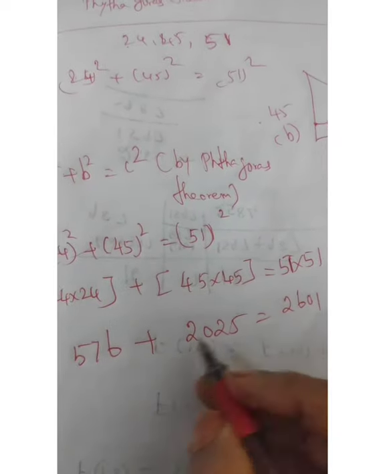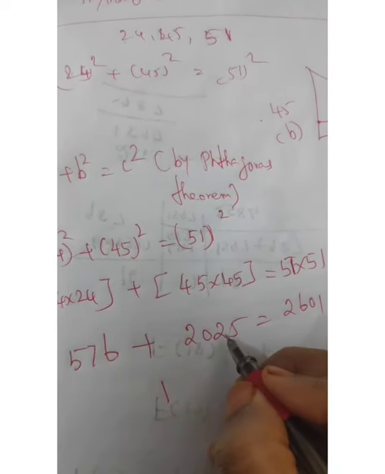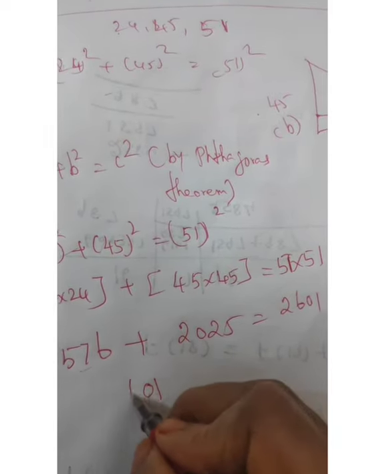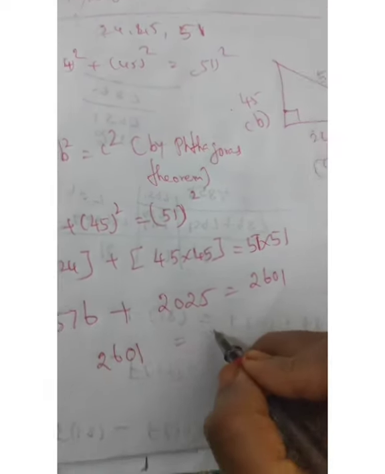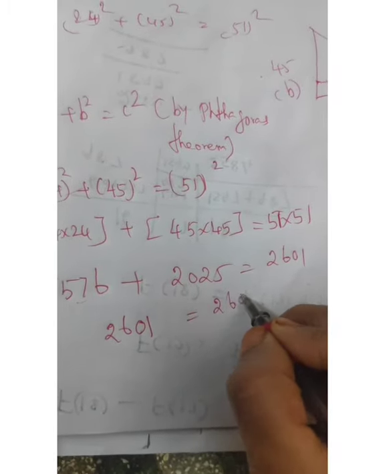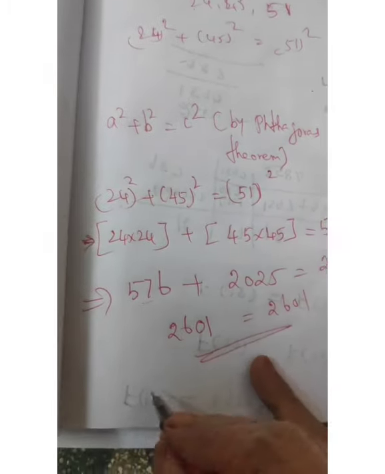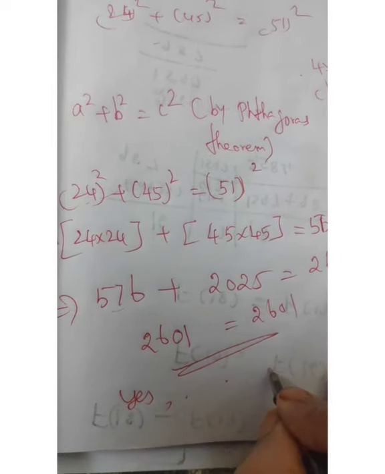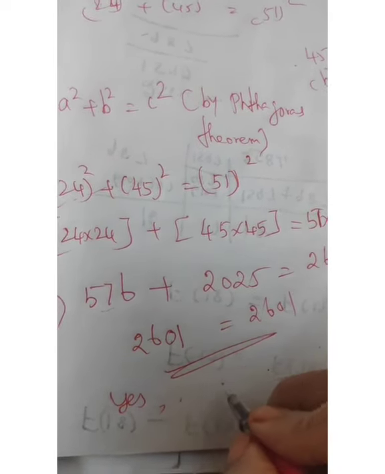Now add: 576 plus 2025 is 2601. Both sides are the same. Yes, you must write: given sides are satisfied the Pythagoras theorem.